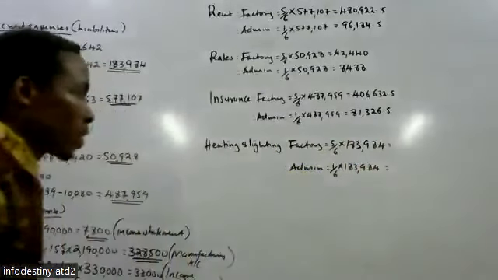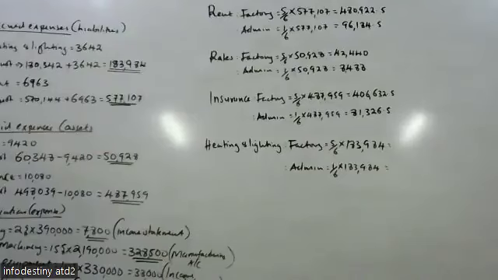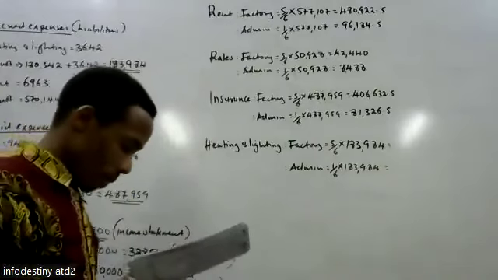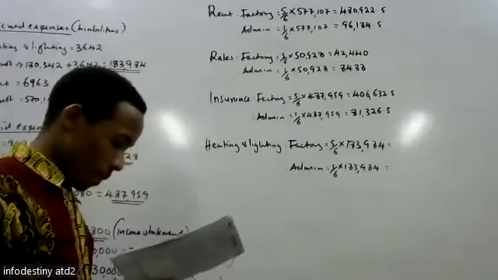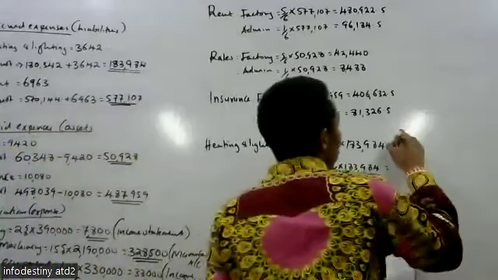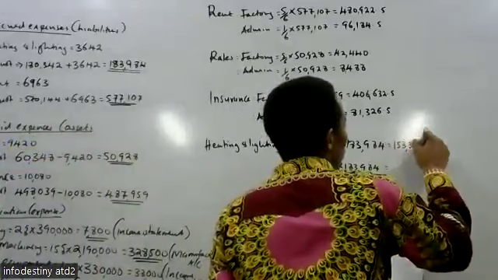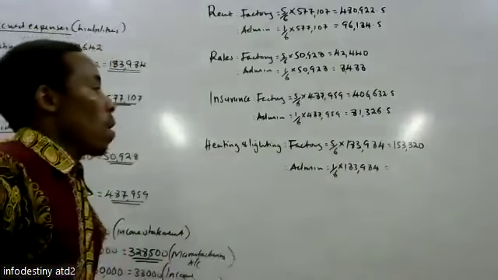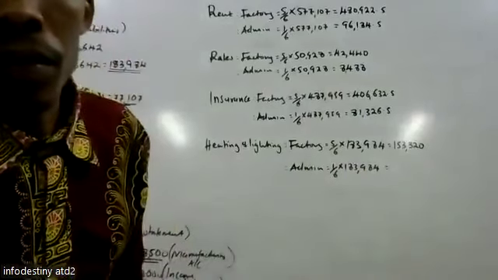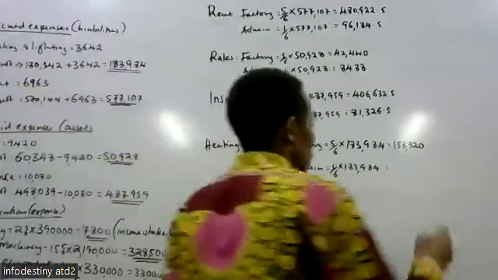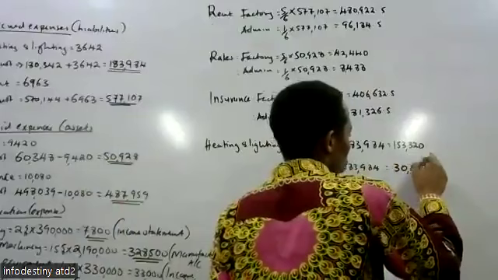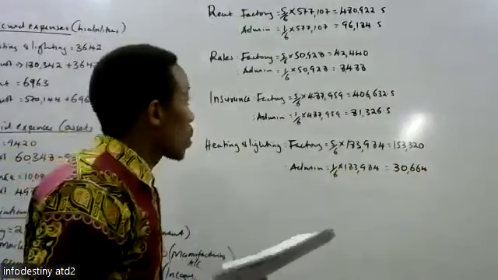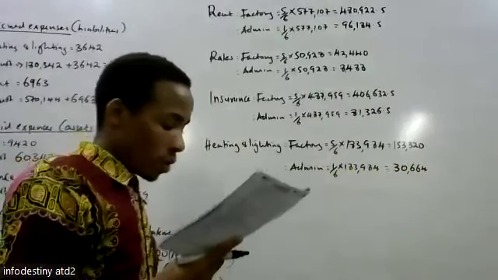So lighting and heating, 5/6 of 183,984 goes to factory. It's 153,320. Then it's 3,664.